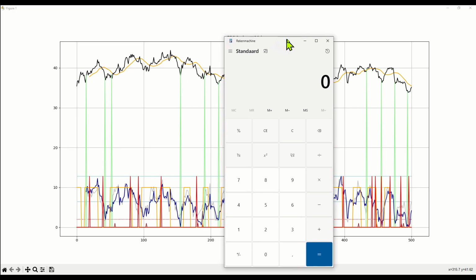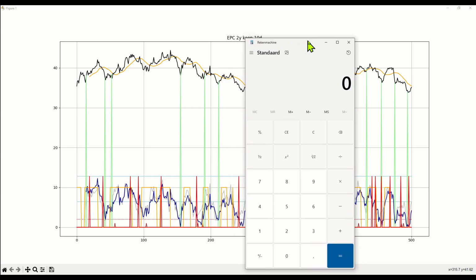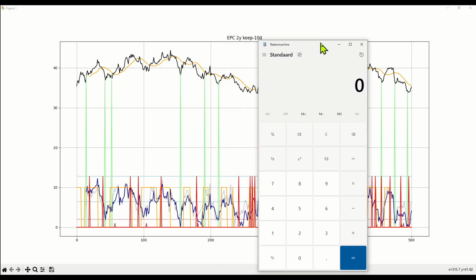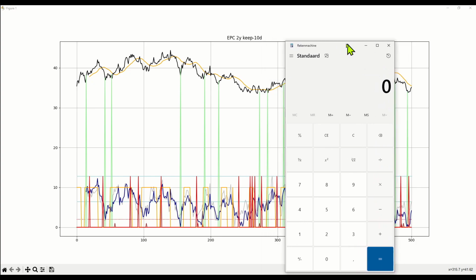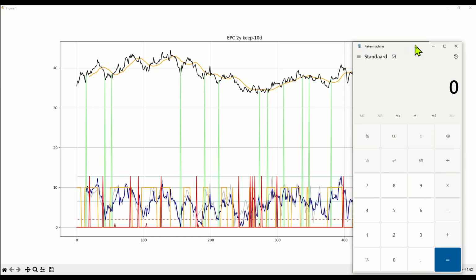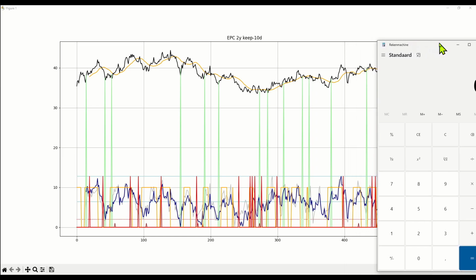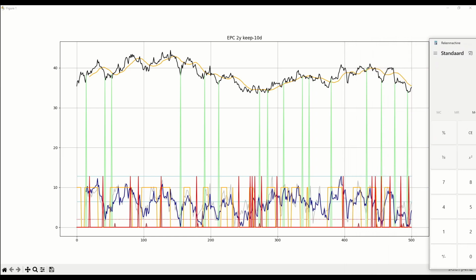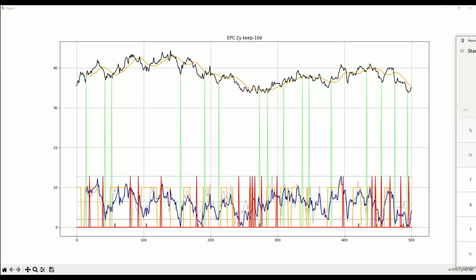So yeah, I'm not sure about this one, but I just showed you how to implement that, and pretty fast too, I think.